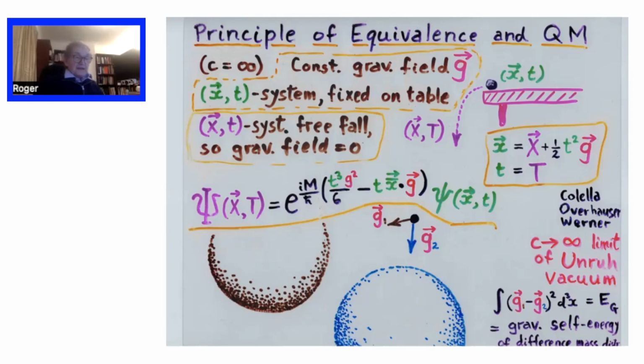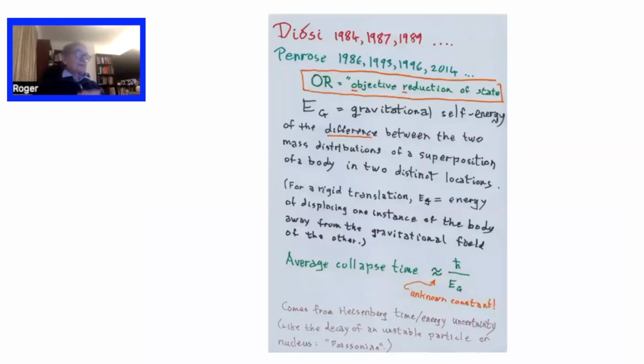So we've got an energy uncertainty that's related to a time uncertainty, well, a lifetime basically of the state. If it was like an unstable particle with a lifetime, then you would have an energy uncertainty, which is related to the lifetime by a reciprocal relationship, which is the Heisenberg time-energy uncertainty relation. So I am adopting that viewpoint, and so that gives me a lifetime for the state, which depends upon the gravitational self-energy of the difference between the two states.